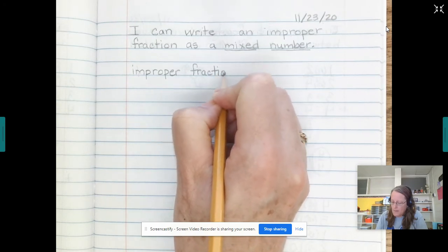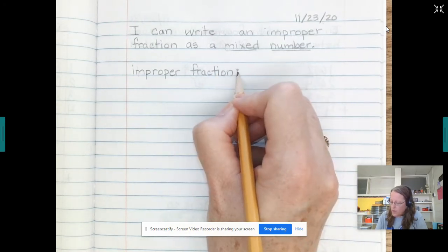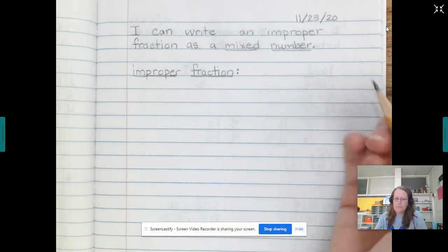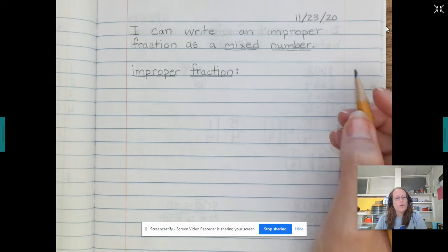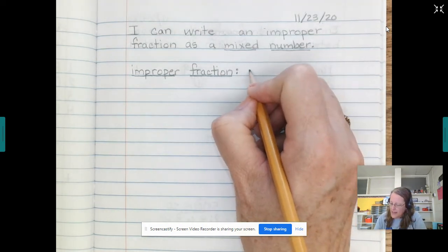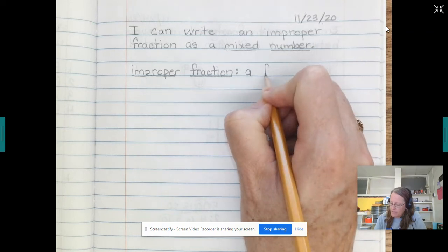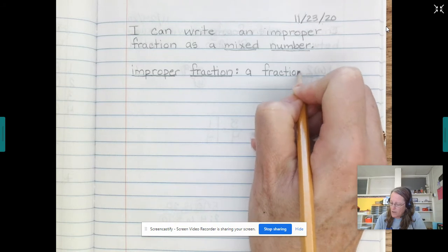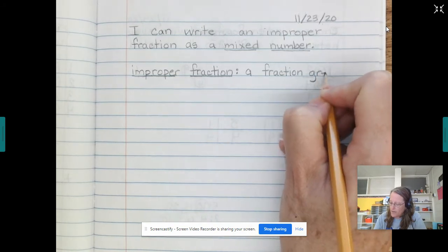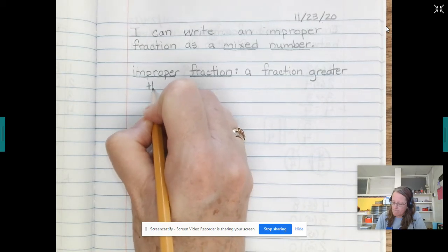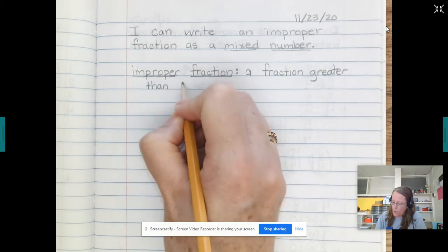We need to think about what an improper fraction is. And here's what we're going to write. An improper fraction is a fraction greater than 1.